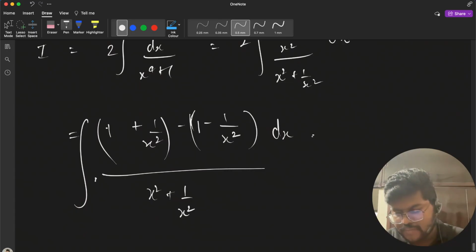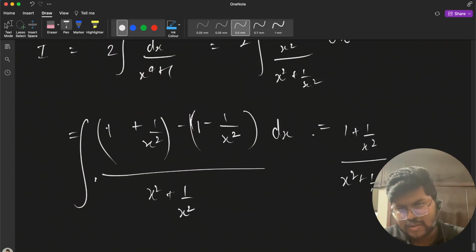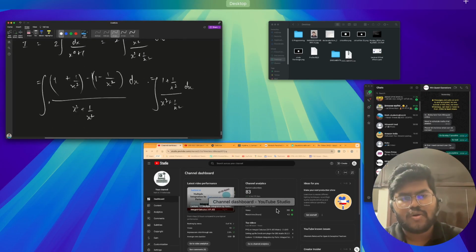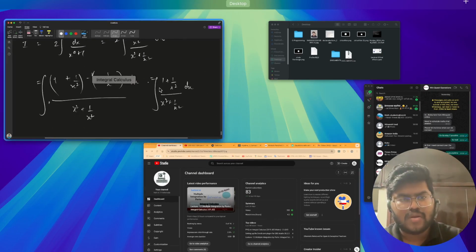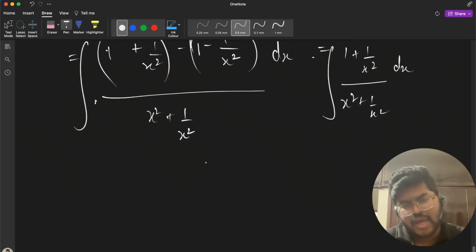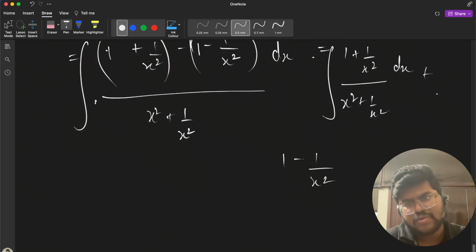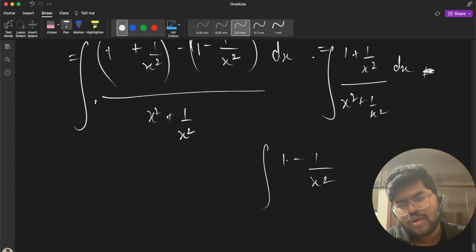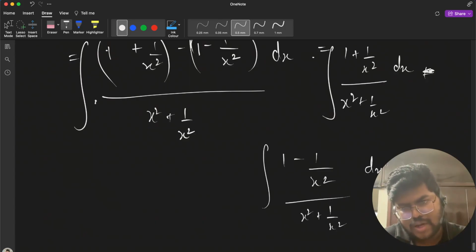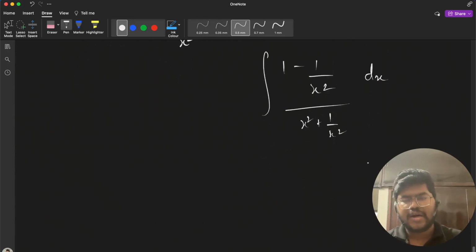So then we have the two separate integrations: 1 plus 1 upon x square upon x square plus 1 upon x square dx, also plus 1 minus 1 upon x square, in between there is a minus sign, integration divided by x square plus 1 upon x square dx, right?